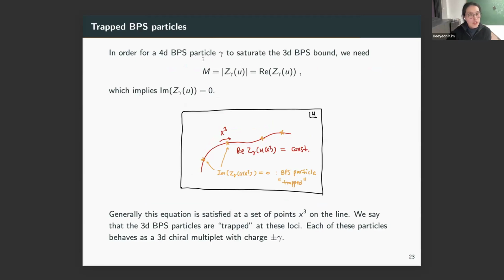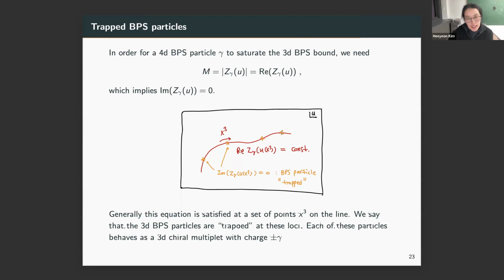Suppose that you have a 4D BPS particle γ that satisfies this condition. In order for this particle to saturate the 3D BPS bound as well, which is the relation m equals the real part of Z, we need this relation. This implies that the imaginary part of the central charge has to vanish.